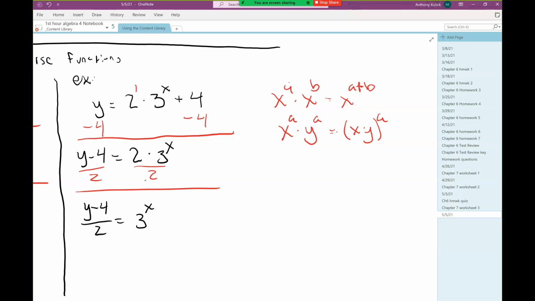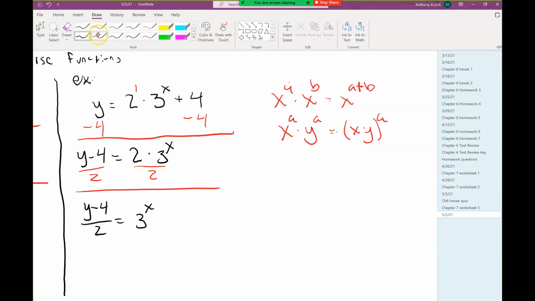So what operation is going to cancel that 3 out? It's a logarithm. Which logarithm do I want to use? Log base what number? 3. Why 3? Because it's the same base as the exponential.